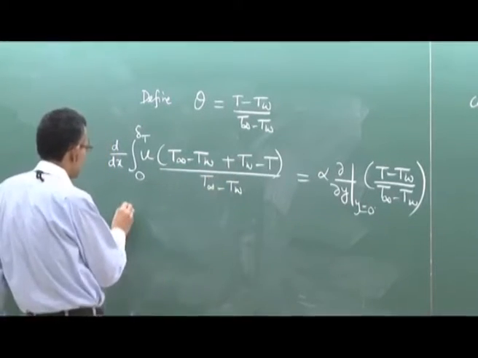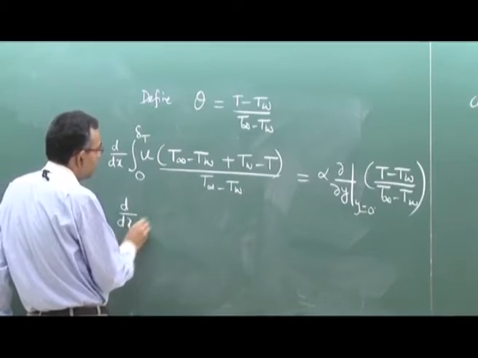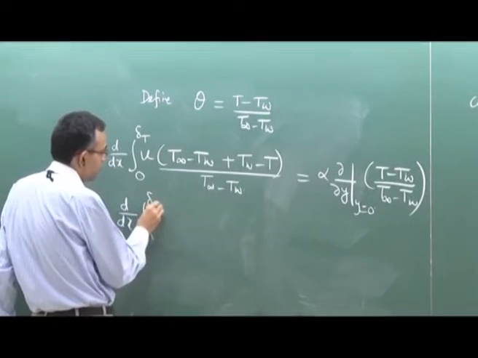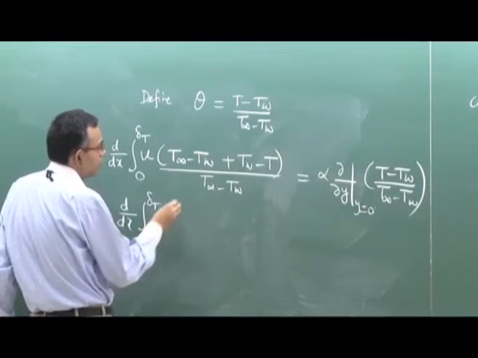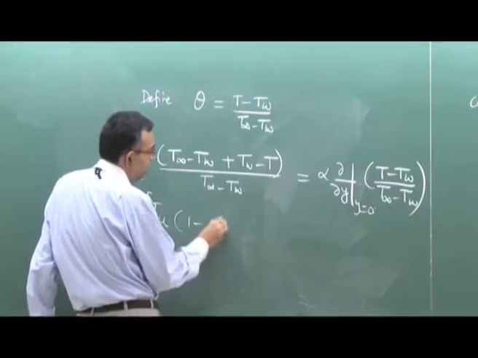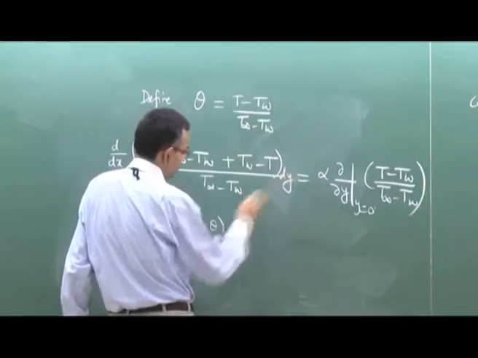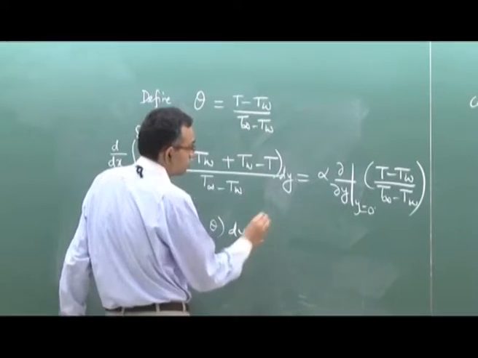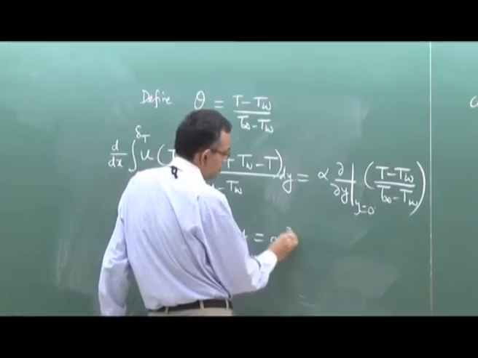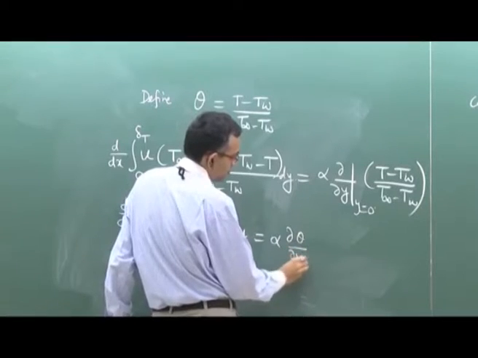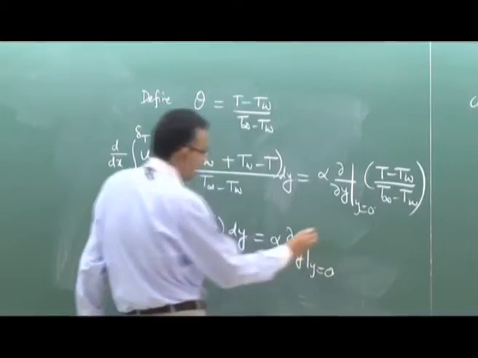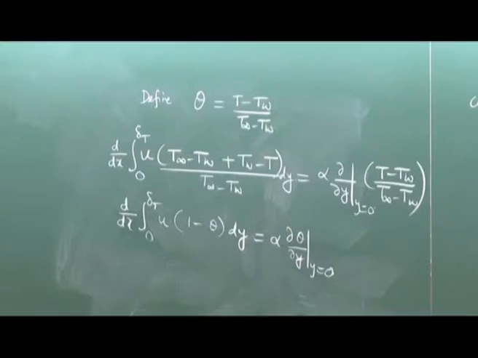So this becomes d dx of the integral from 0 to delta T of u into 1 minus theta dy. This is the energy integral equation in terms of the normalized temperature.